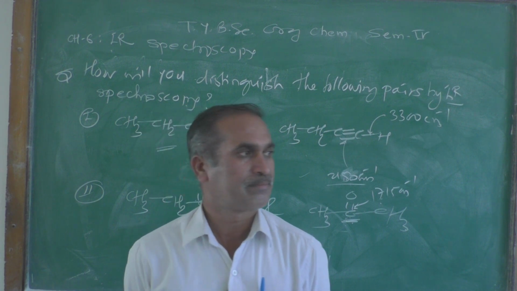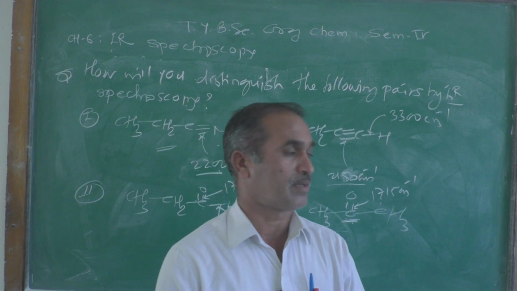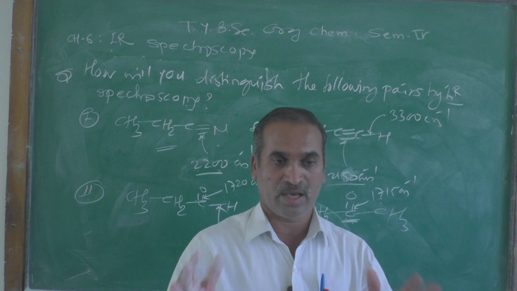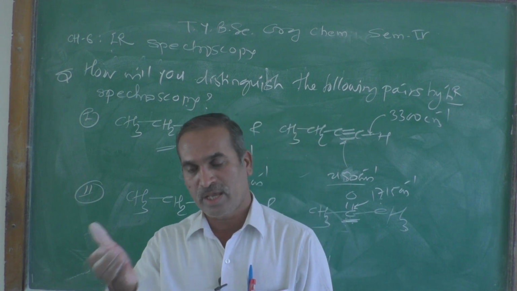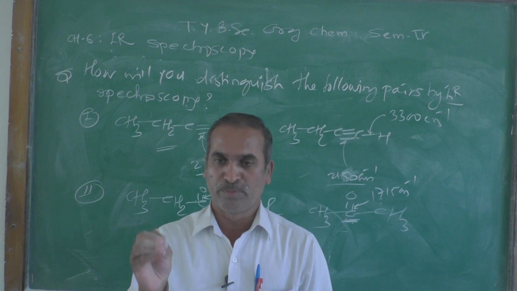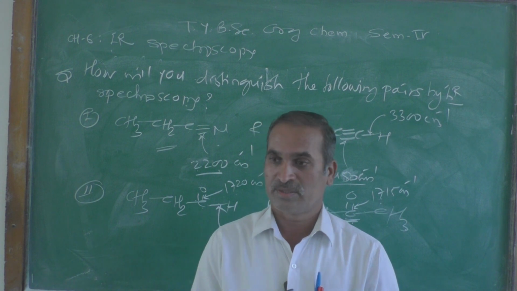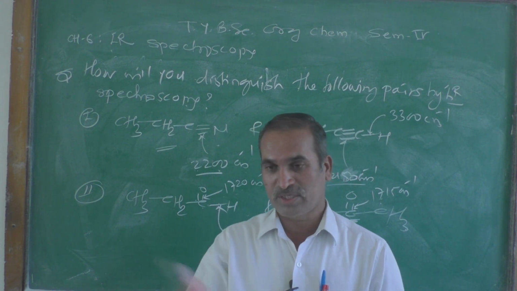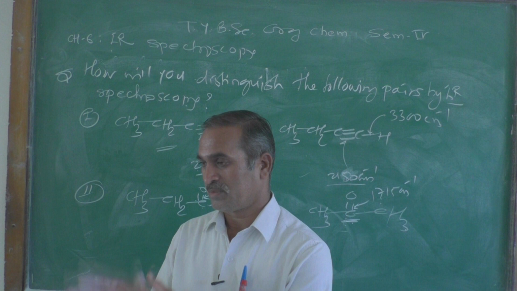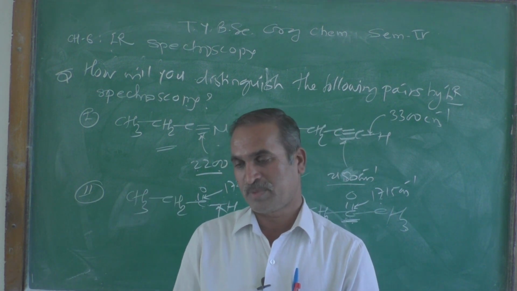So I think with this we have completed chapter number 6, which is IR spectroscopy. In the next lecture we are going to discuss the very important and last chapter of this semester of spectroscopy, that is PMR spectroscopy.